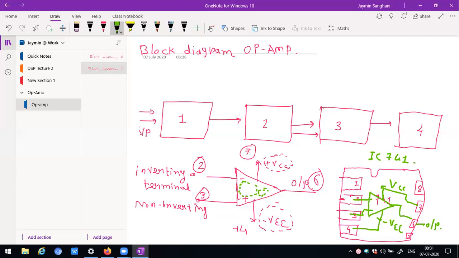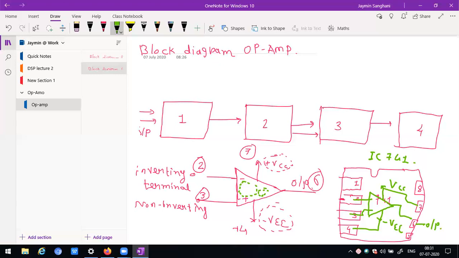What is the name of each block and what is the working of each block, that I will explain in the next part. So please try to concentrate here.